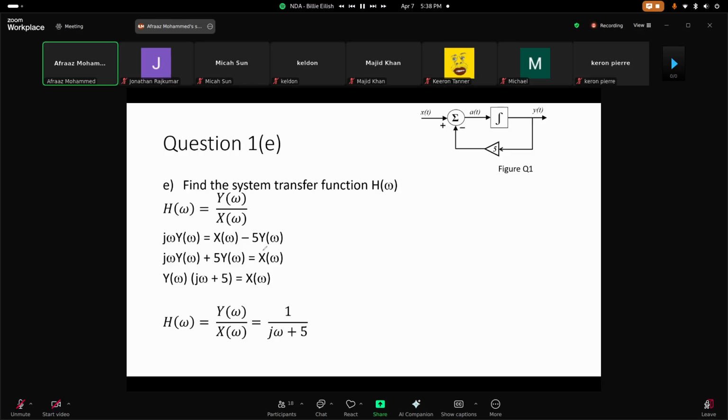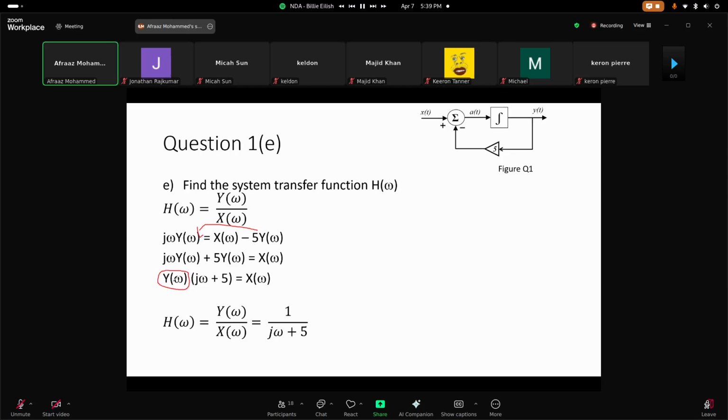Then we put the similar terms on each side, so we take the 5y of omega and put it on the left hand side, and that's going to give you j omega y of omega plus 5y of omega equal to x of omega. You factorize out the y of omega on the left side.